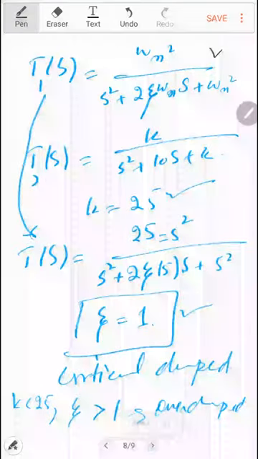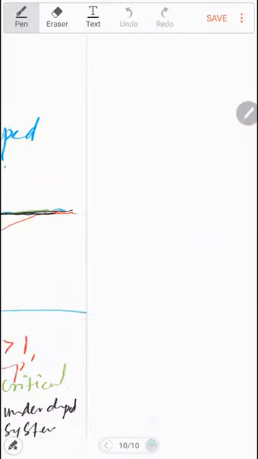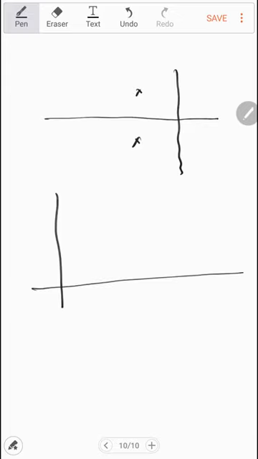Now we already know that if you will increase the... suppose we have this one. So we have these two functions, and let's say that the response of the system is this, for the unit step function.